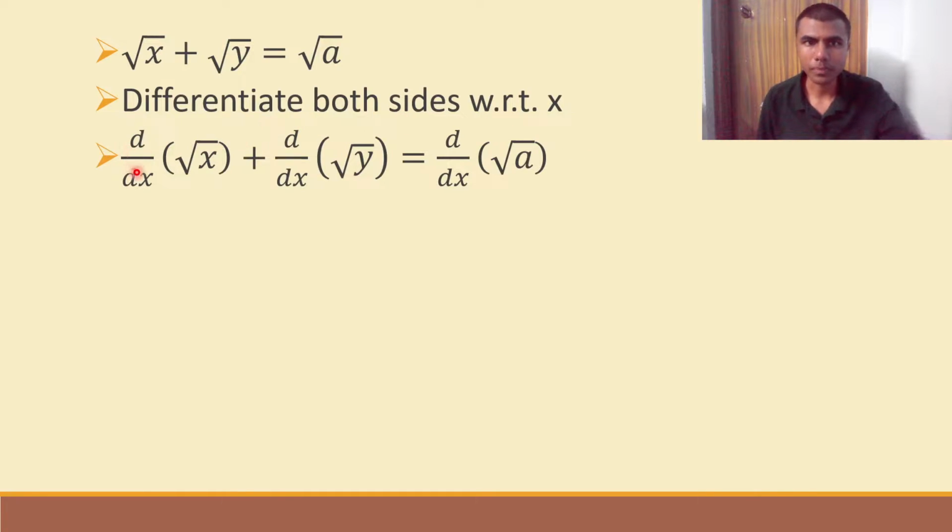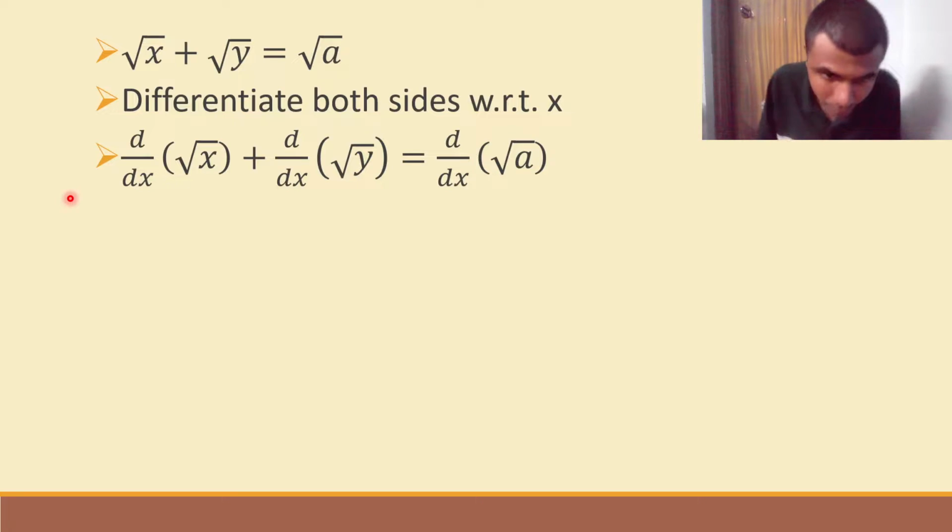Now if I do this, the derivative of root x plus derivative of root y is equal to the derivative of root a. Root a is a constant. What is the derivative of root x? Derivative of root x is 1 by 2 root x.